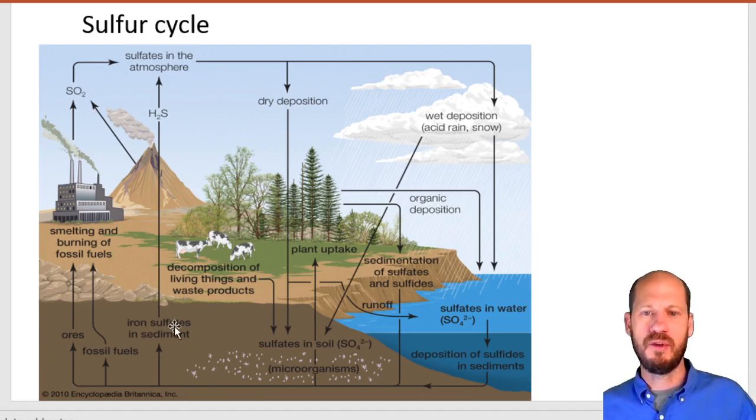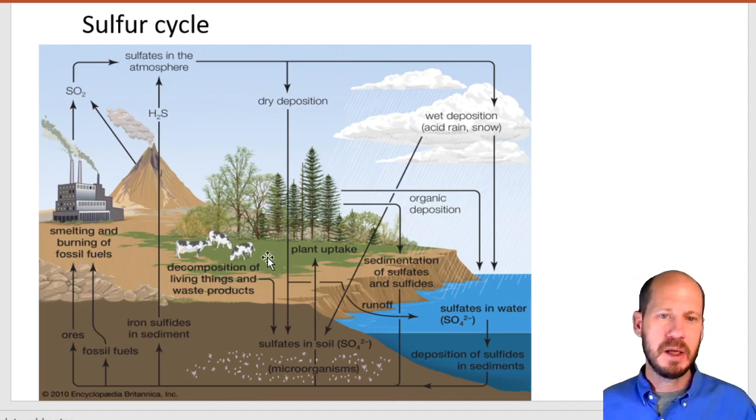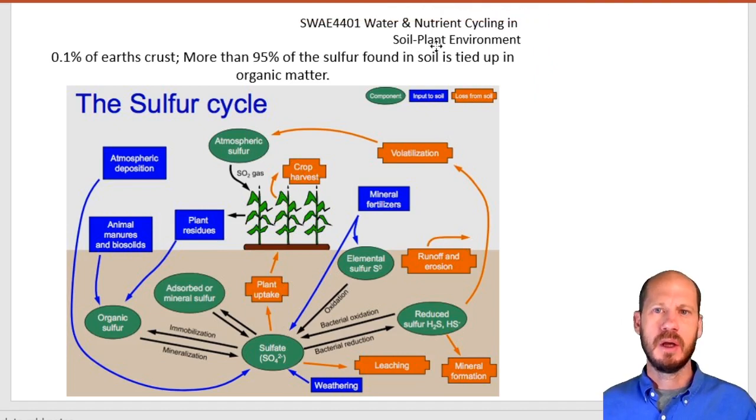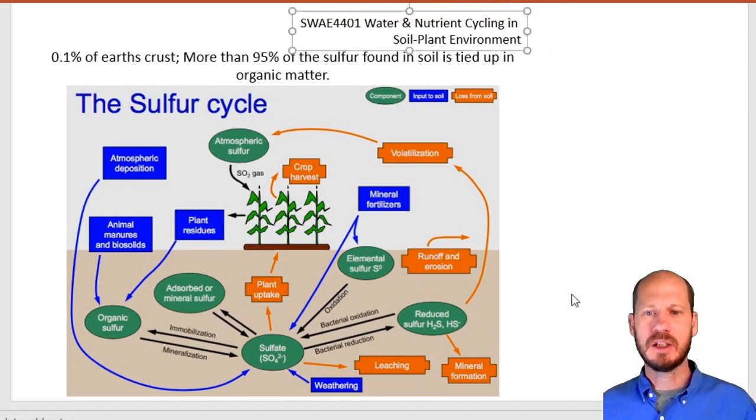I will not go very deep into the microbiology of the sulfur cycle, but if you are interested, go to the other lecture in the environmental soil microbiology, where that will be explained in detail. What we are really interested in now for this lecture is the implications of sulfur chemistry for plant nutrition, and what we should do about it.